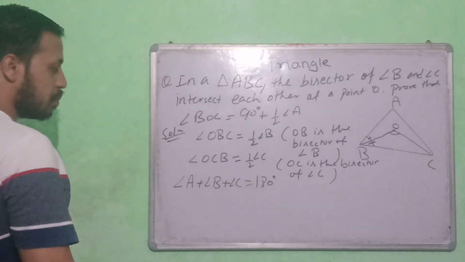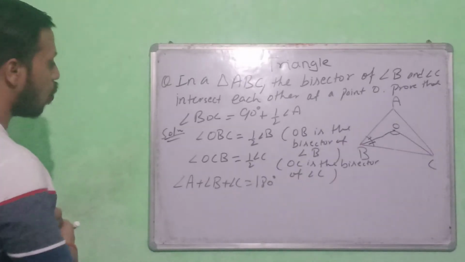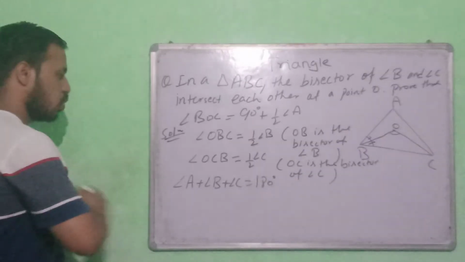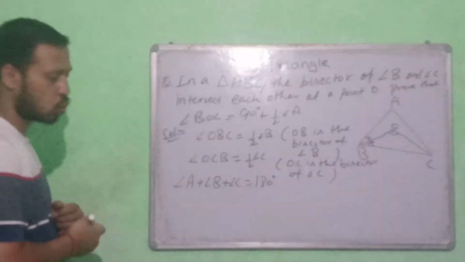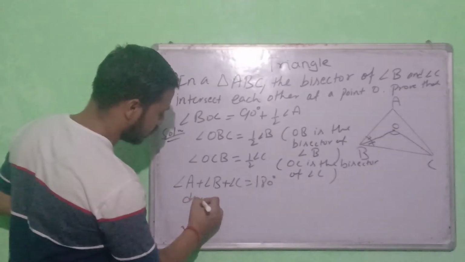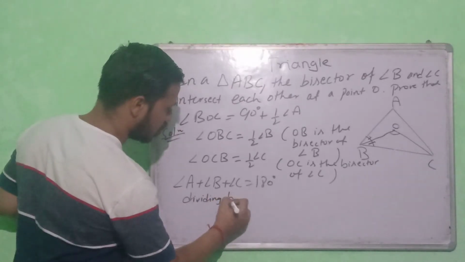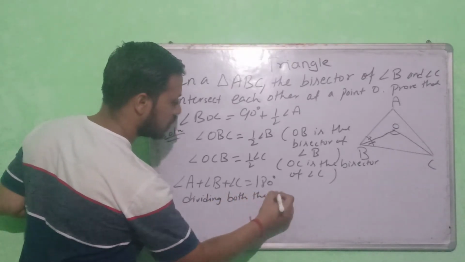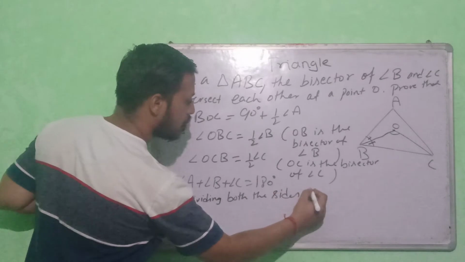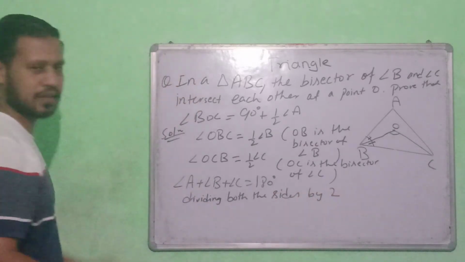Angle A plus angle B plus angle C equals 180 degrees. You can divide both sides by 2. Why are we dividing this?